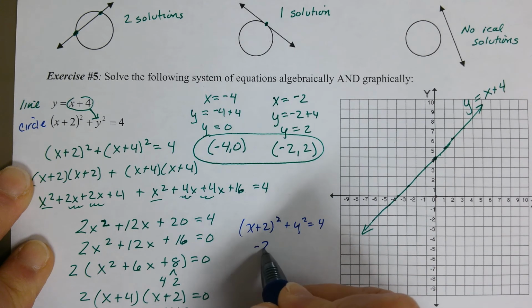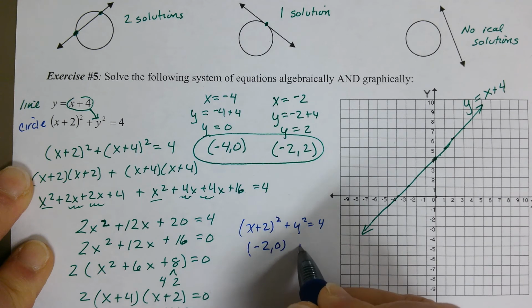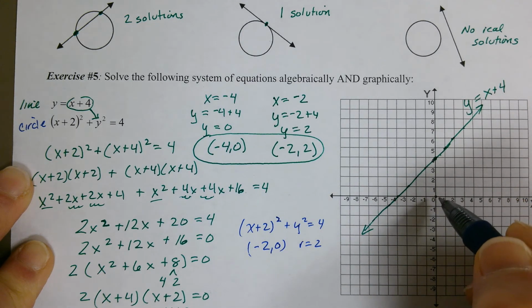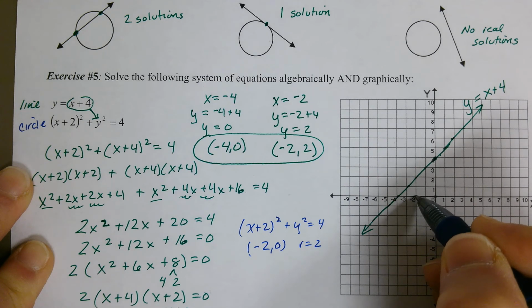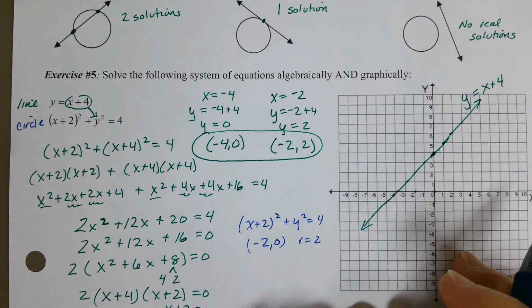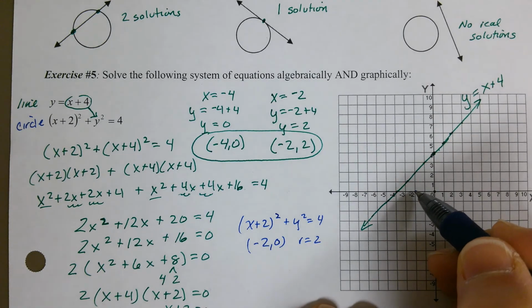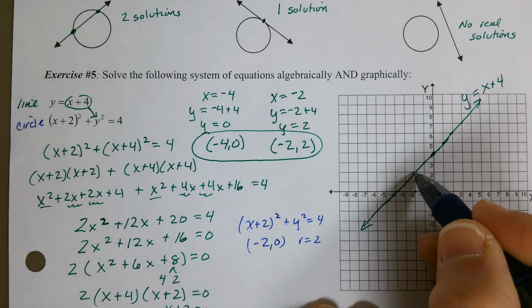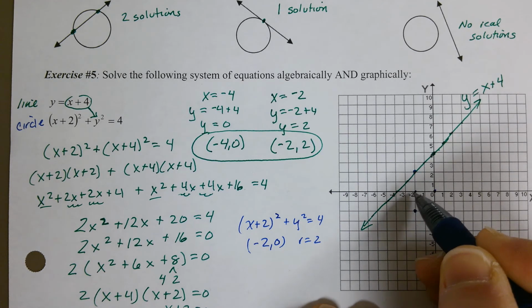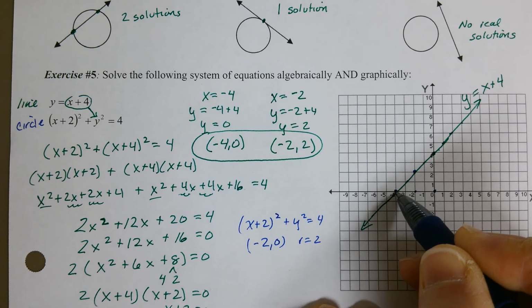Its center is (−2, 0), and the radius is 2. So plot the point (−2, 0). And then from that point, use the radius. I'm going to count up 2, to the right 2, down 2, and to the left 2.